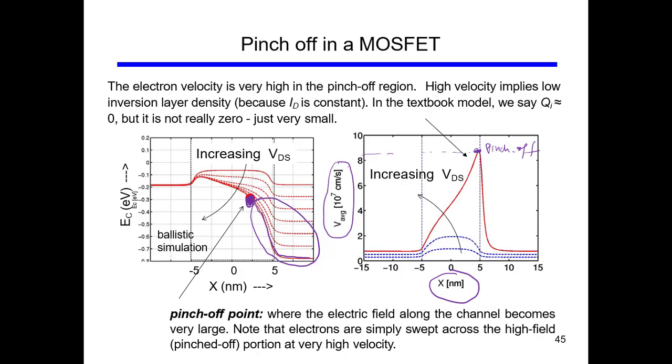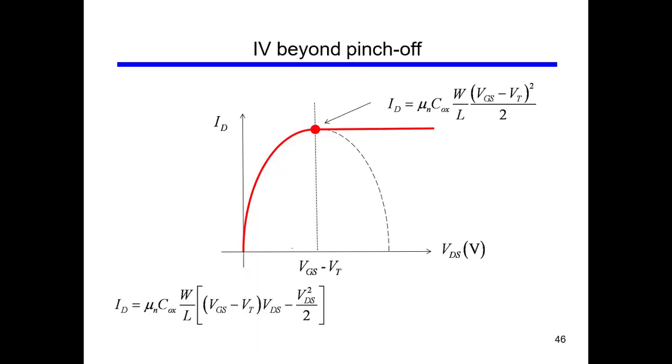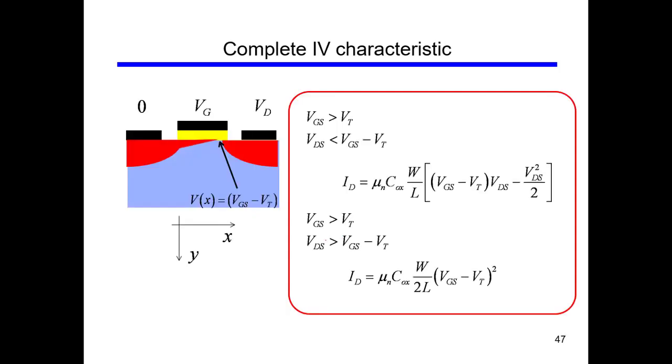It is something like more than 10 raised to the power 8, while in the rest of the channel the velocity is not that large. Again, this is the same slide. Beyond the pinch off point, current saturates at a maximum value, and the formula is no longer followed. So this is the complete summary of the characteristics of a square law device.